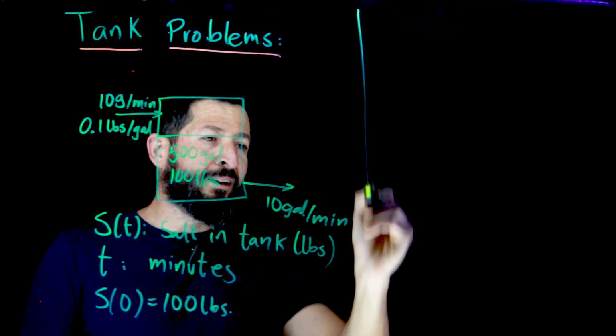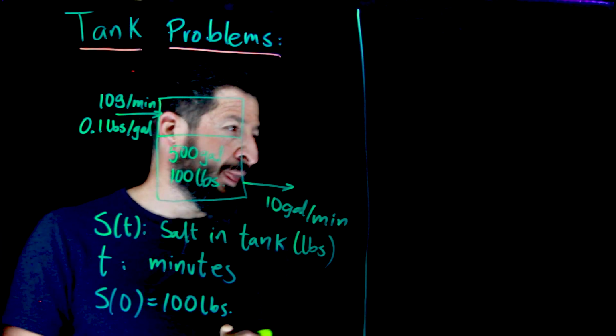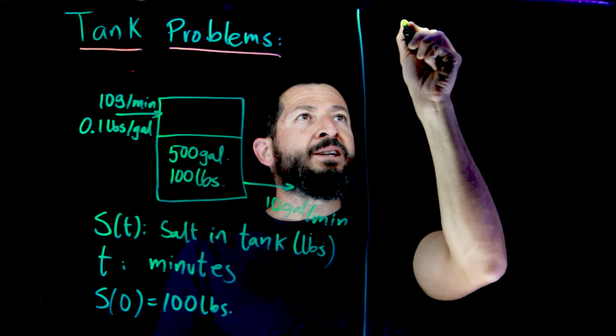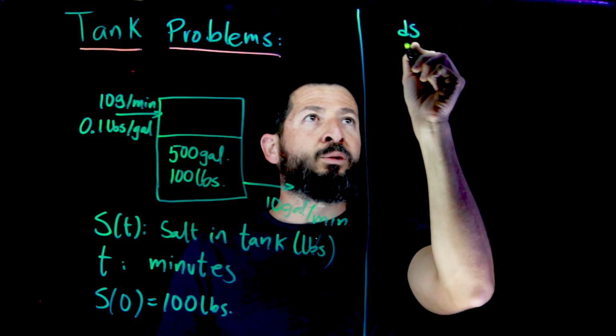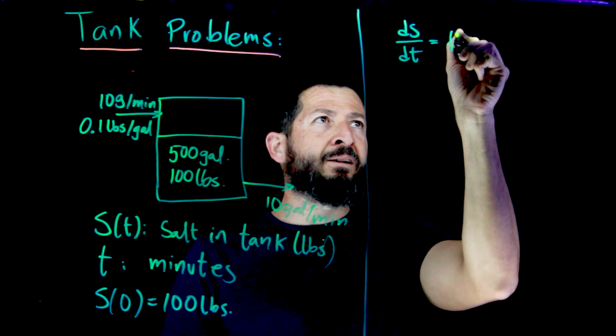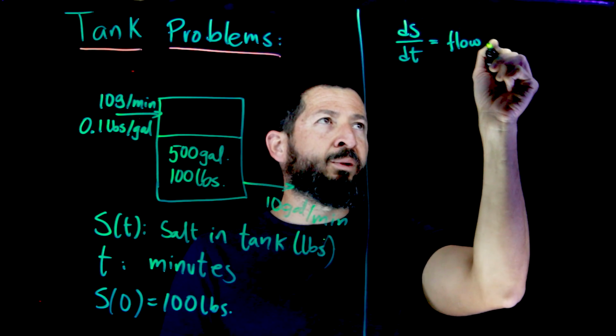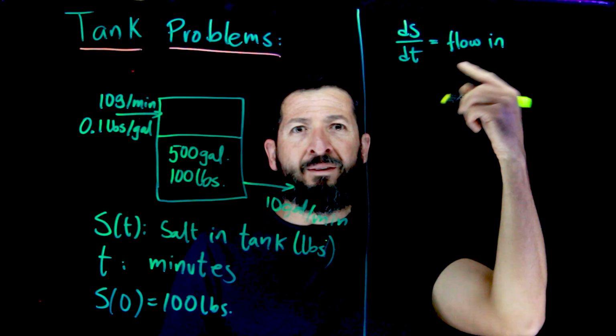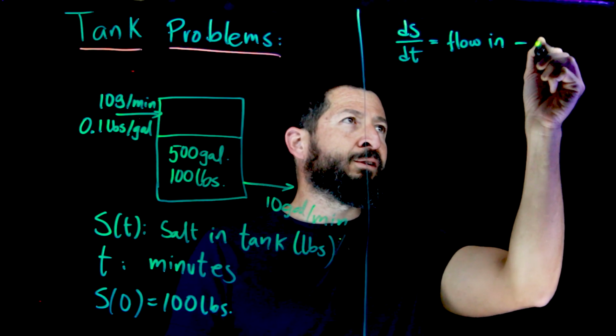All right, so let's see what happens here. The change of the amount of salt with respect to time is given by the flow in of salt, we don't care about the water and everything, just the salt, minus the flow out.